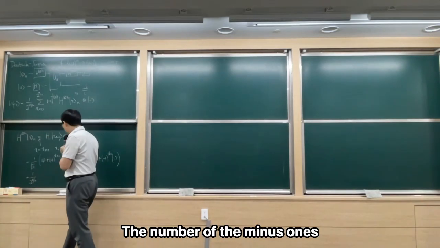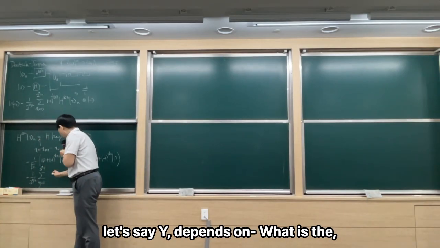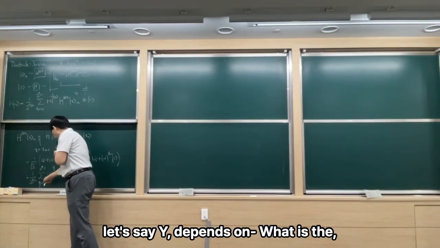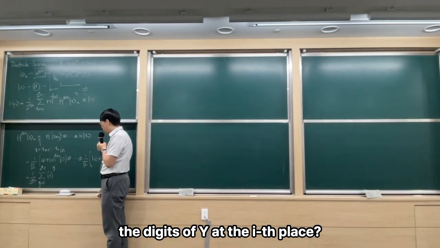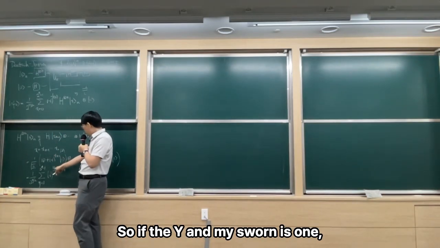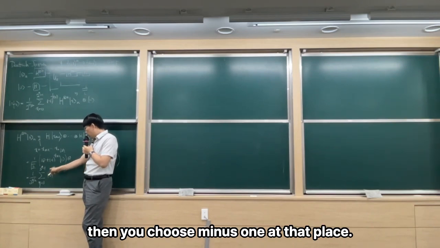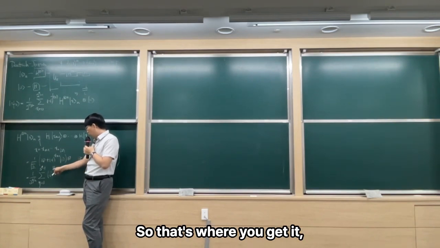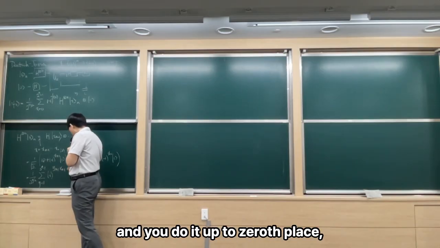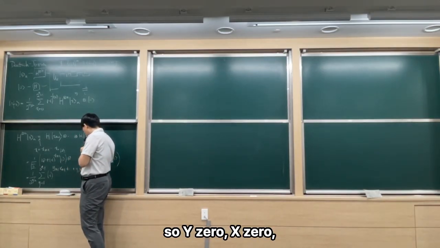The number of minus 1s you choose for each number, let's say y, depends on the digits of y at the ith place. So y_{n-1}, x_{n-1}. If y_{n-1} is 1 and x_{n-1} is also 1, then you choose minus 1 at that place. So that's where you get it. And you do it up to the 0th place, so y_0, x_0.